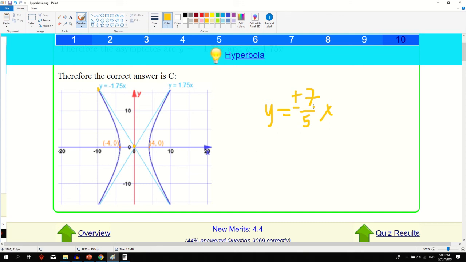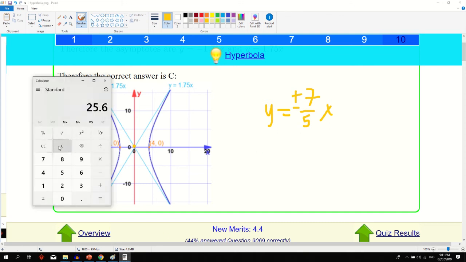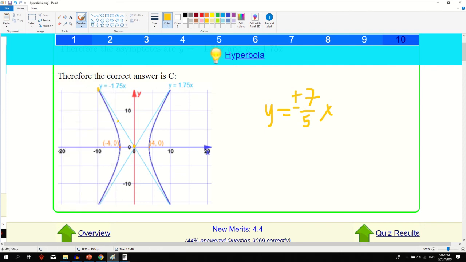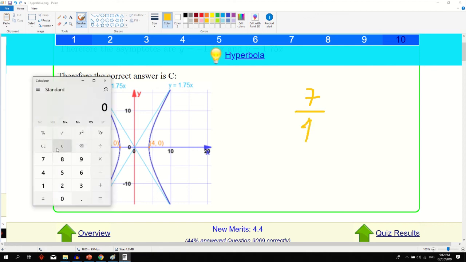So 7 divided by 5 is equals to 1.4. Why did I have 5? It should be 7 over 4, right? I forgot.